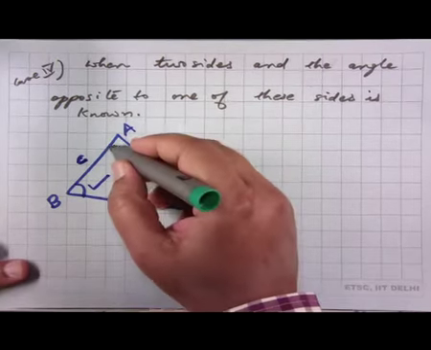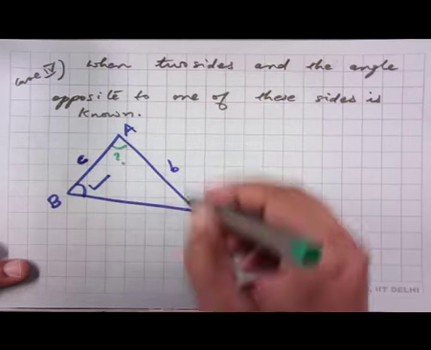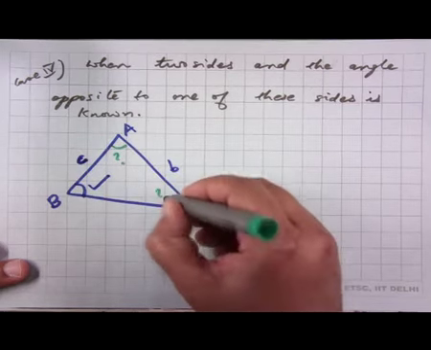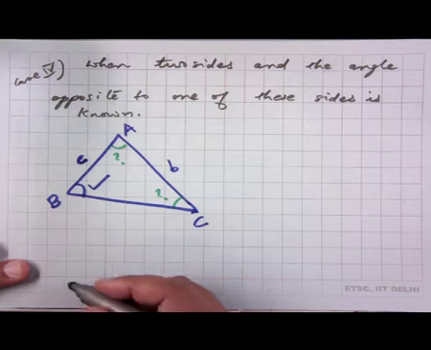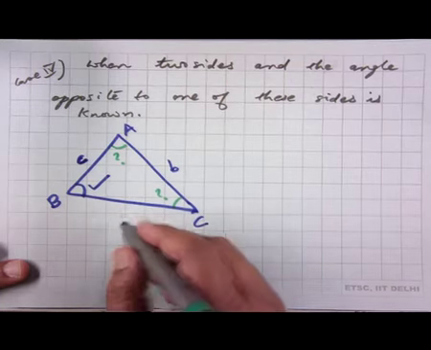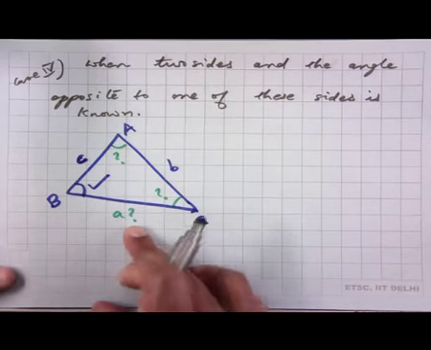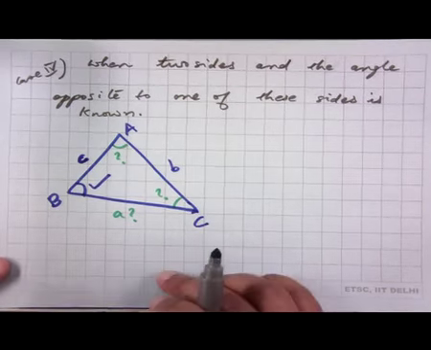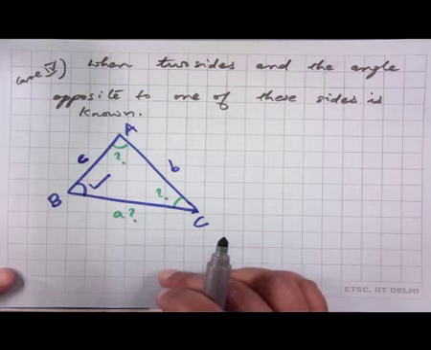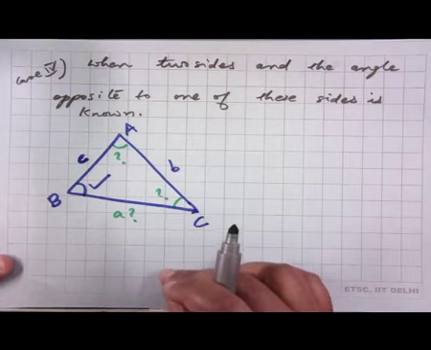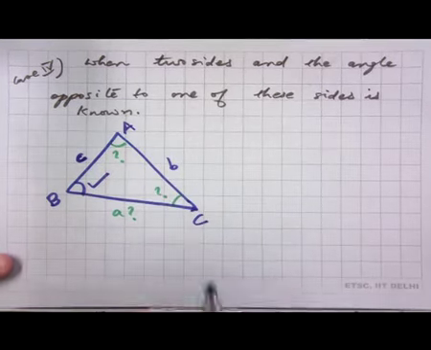However, angle A, angle C and the length of this side, which is a, are not known. And now we would like to see how we can find these unknowns.